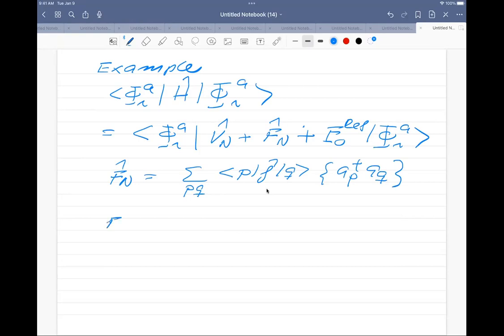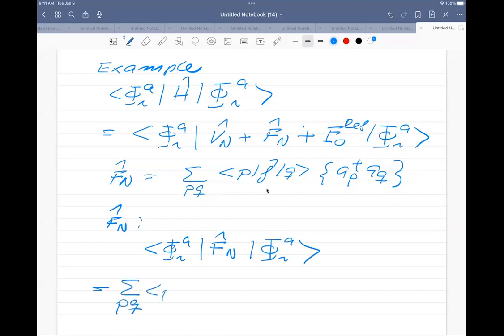With F of n, when we calculate the expectation values, what we need to do is simply to calculate this bra phi I a, F of n, phi I a. And this is going to be given by the sum over p and q of the integral.